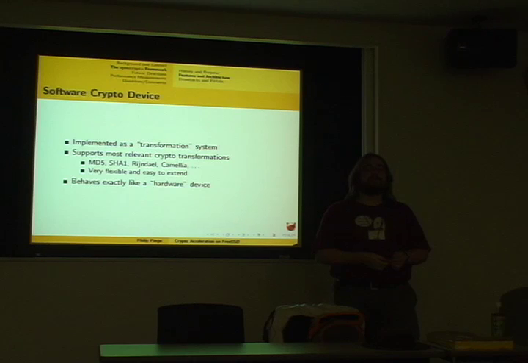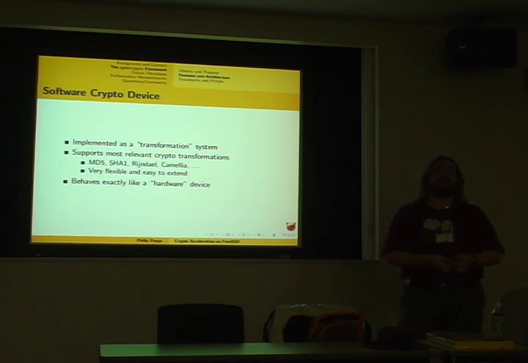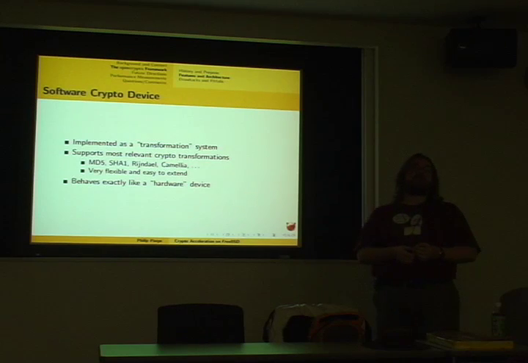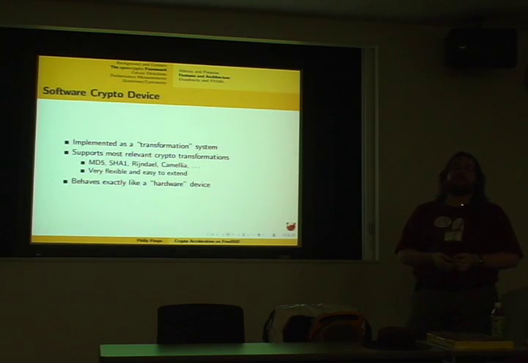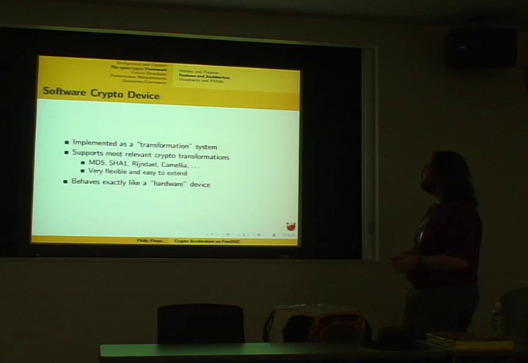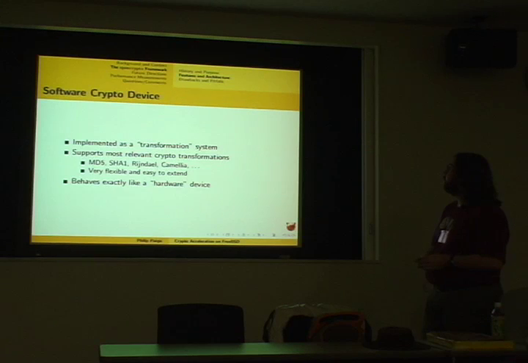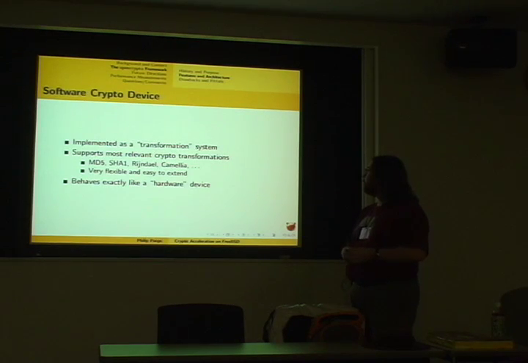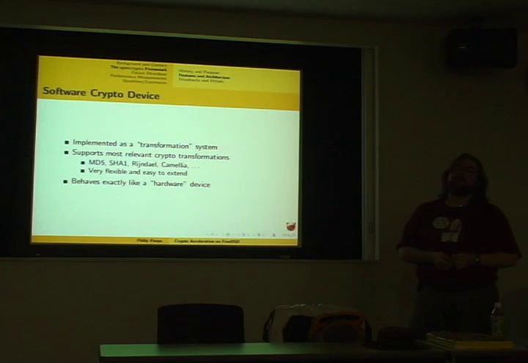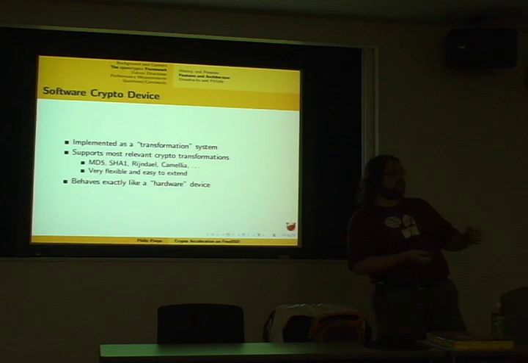If you wanted to do matrix transformations for whatever reason inside the crypto API, you could do this. This code is the only thing that's still left from OpenBSD, which is virtually unchanged. It supports most relevant crypto transformations like MD5 and SHA-1 and all the other usual ones. And it's fairly flexible and easy to implement. If you have no hardware available, you will fall back to this.